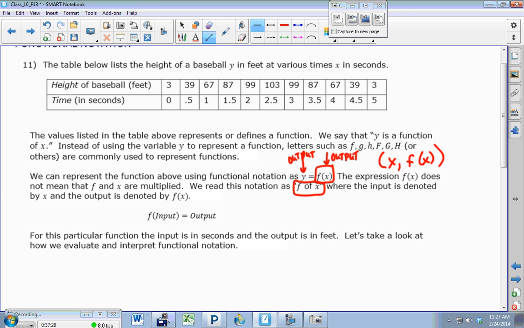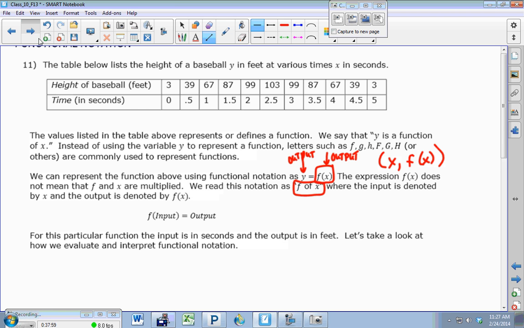F of x is just taking the place of the output value in your ordered pair. Okay, now this notation does not mean f times x, because when you first learn algebra and you learn about parentheses with letters and numbers, you learn that that means multiplication, but not when you're dealing with functions. That just represents the output of your function. That's all it represents.